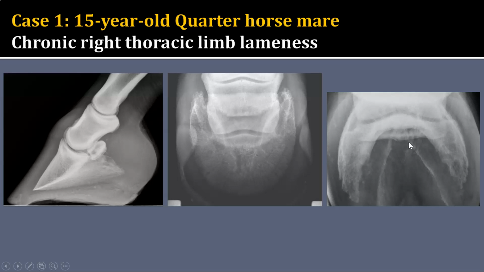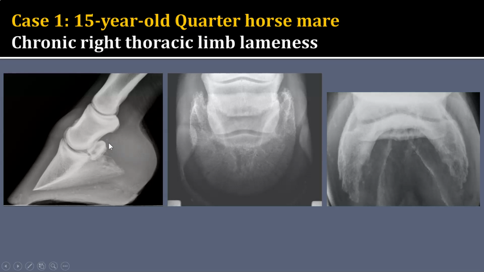When we look at the skyline view, quite a bit of flexor cortical erosion as well as those enlargement of the synovial invaginations, along with medullary sclerosis with poor distinction between the medullary region and the flexor cortex. So quite a few severe changes.